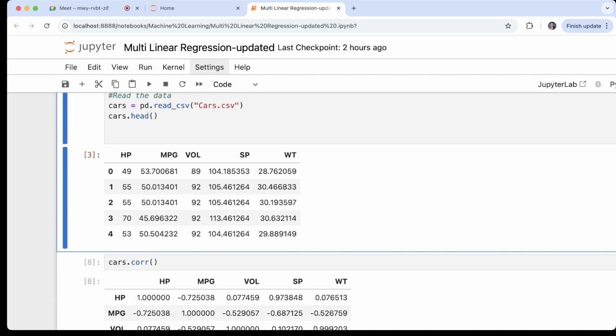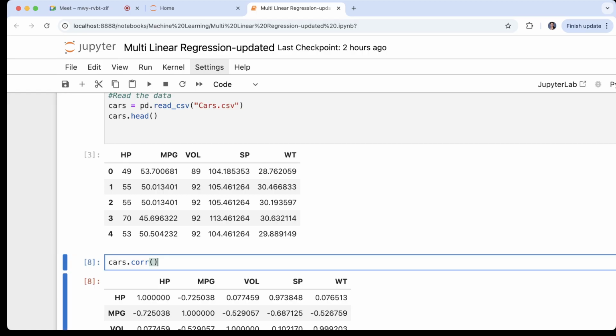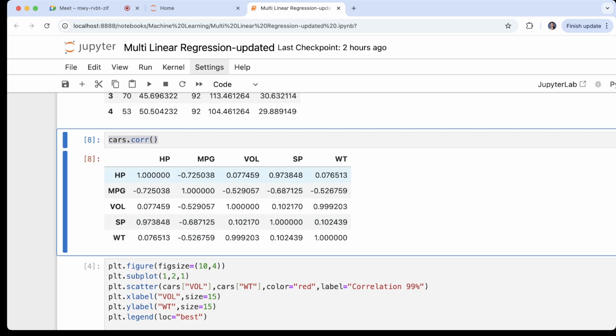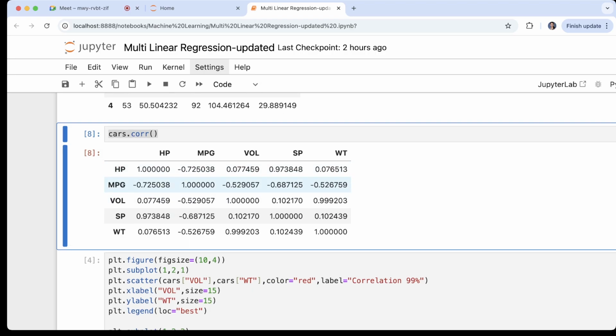Then we found the correlation between all the parameters. HP versus HP will obviously be 1. Then the correlation between mileage and HP is this much. Like that, we found the correlation for all values with all other values.